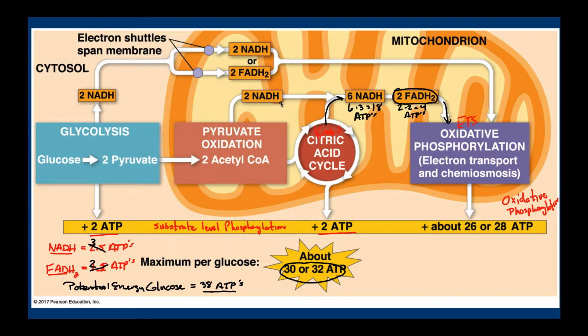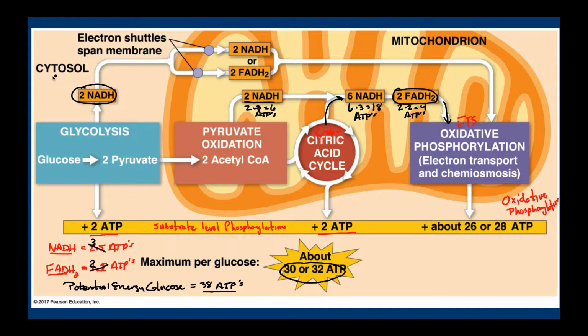Okay? We get 2 NADHs that come out of pyruvate oxidation, so that would be 2 times 3, which would equal 6 ATPs. And then we have to deal with the 2 NADHs that come out of glycolysis.